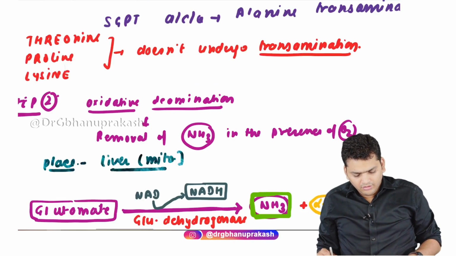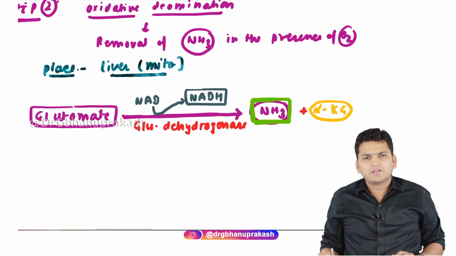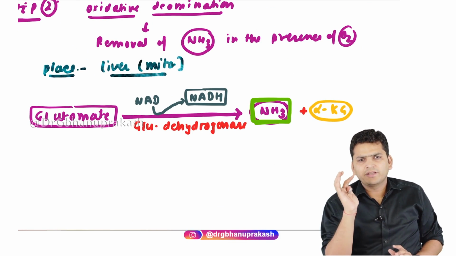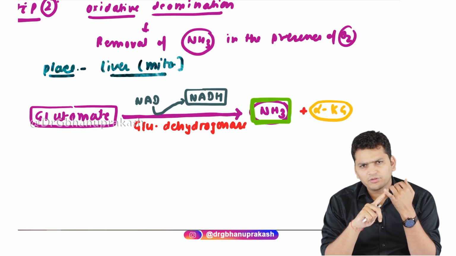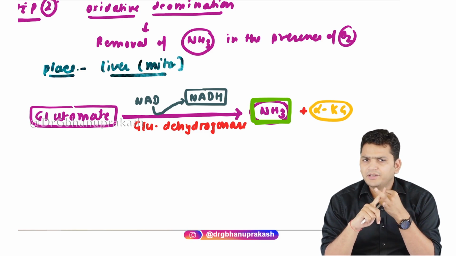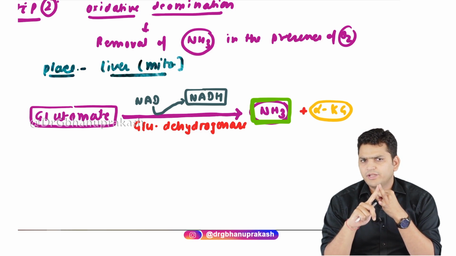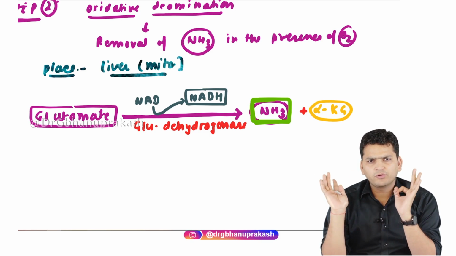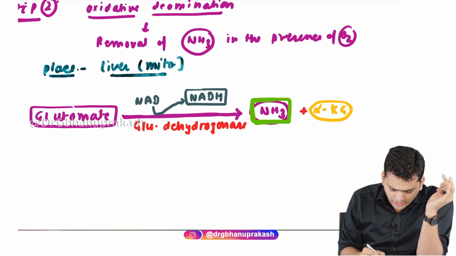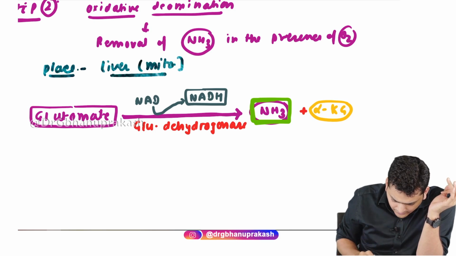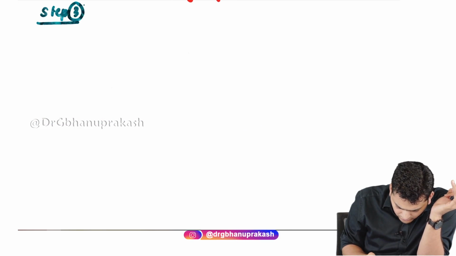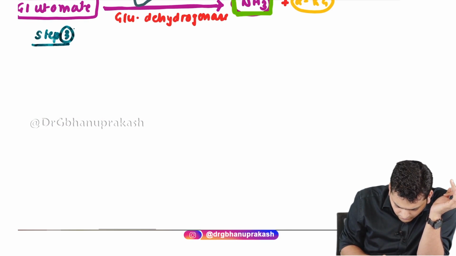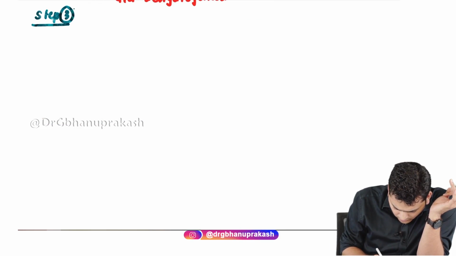What are the things to be remembered? It occurs in the liver hepatocyte mitochondria. NAD is coming into the reaction, so it is a dehydrogenase, and the ammonia is going to accumulate in the liver. Then comes step number 3, in which we are going to discuss the transport of ammonia from the various tissues.